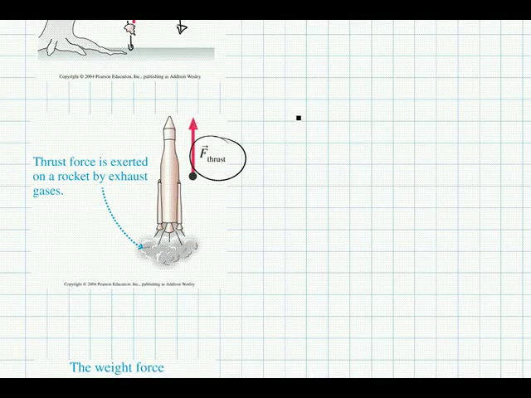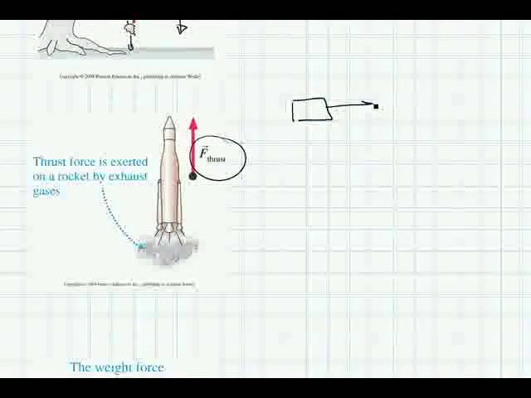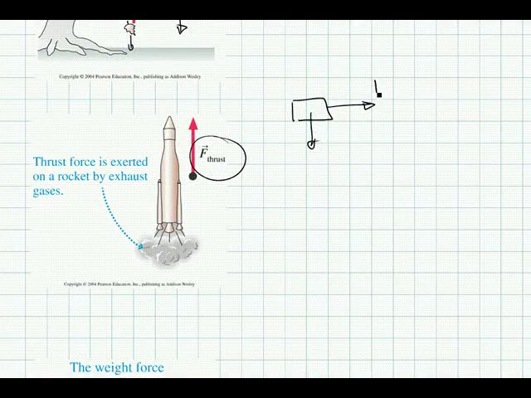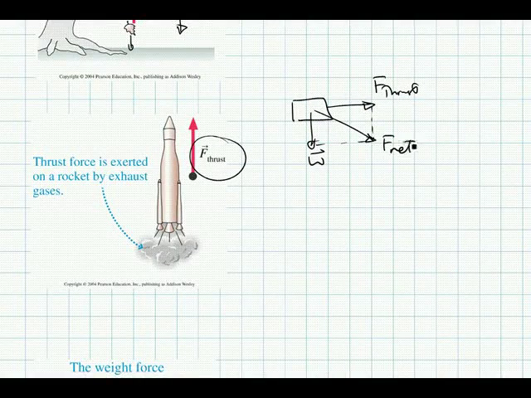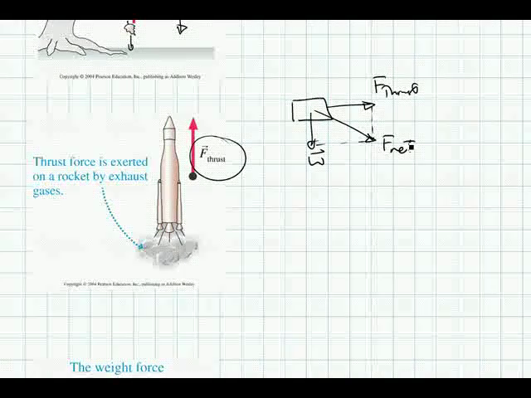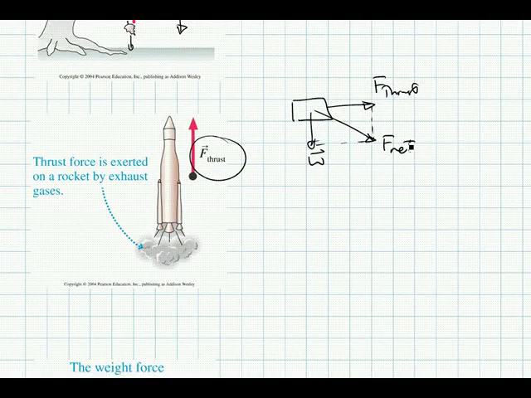But if you have a scenario where we have a rocket with F thrust this way, but we also have weight acting on it, the net force is going to be this way, so this is F net. So F thrust, if you have other forces acting on the object, may not necessarily be in the direction of the acceleration.